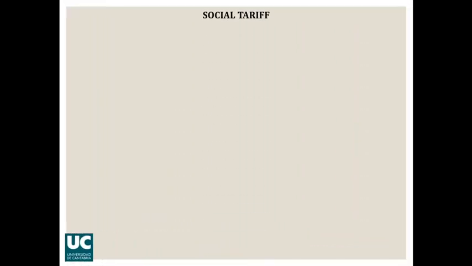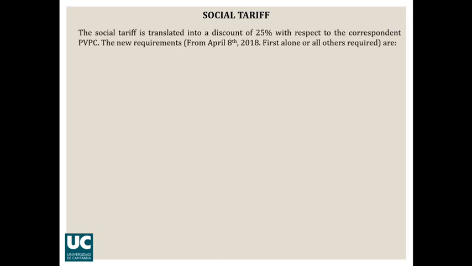Another concept is the social tariff. That is a discount of 25% with respect to the correspondent voluntary price for small consumers. So we have some new requirements that were applied in April 2018, and we need to comply with the first requirement alone of all the others to have the right to the social tariff.